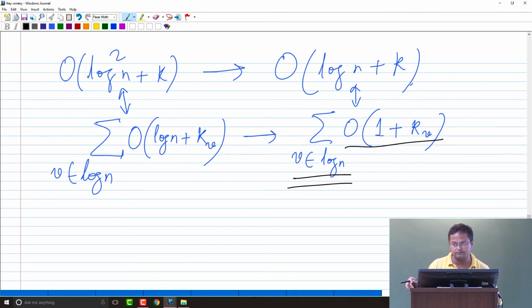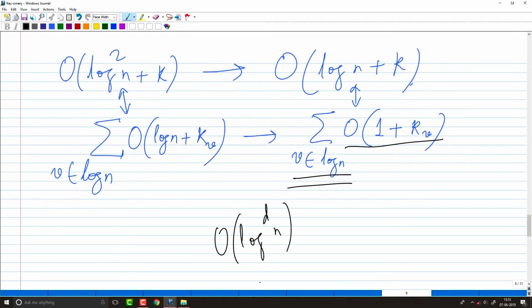So for d dimensions, that was log squared n. So, that was log to the d of n. The range tree was log to the d of n. So, fractional cascading is a shaving off of one log factor.